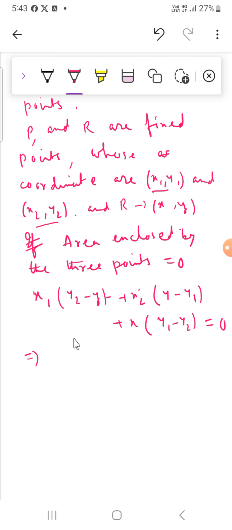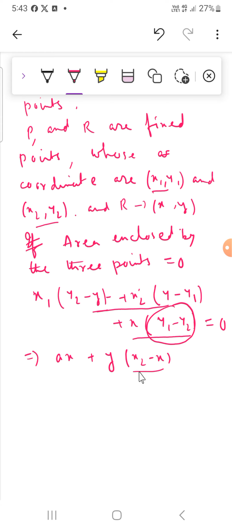Here we keep this form and take this as a, so this will be ax plus, now taking y common from these two, y times (x2 minus x1).